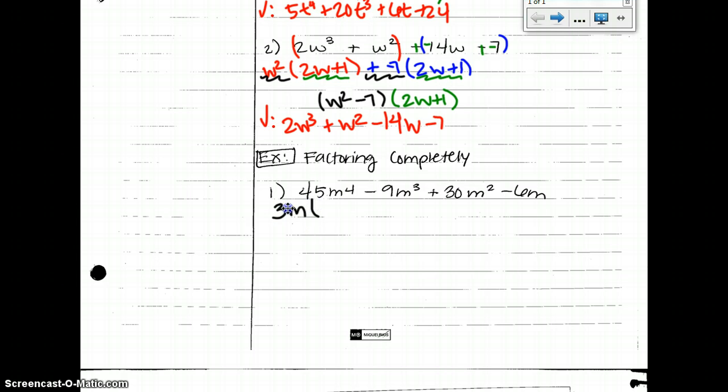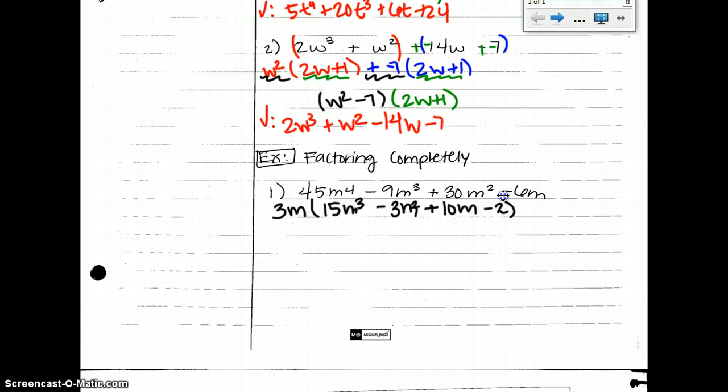Then we just rewrite it. So 45 divided by 3 is 15m to the 3rd minus 3m squared plus 10m minus 2.